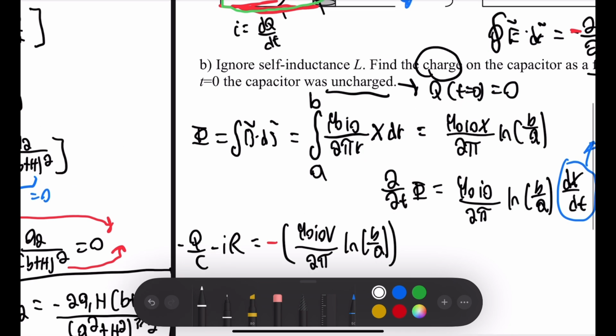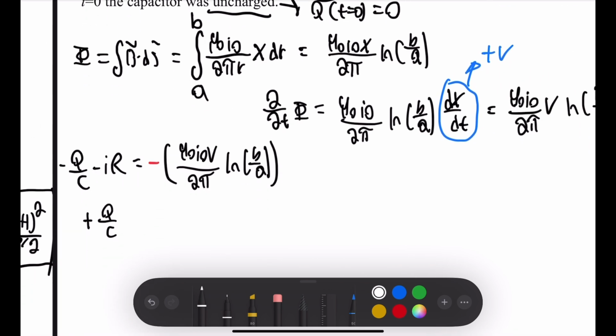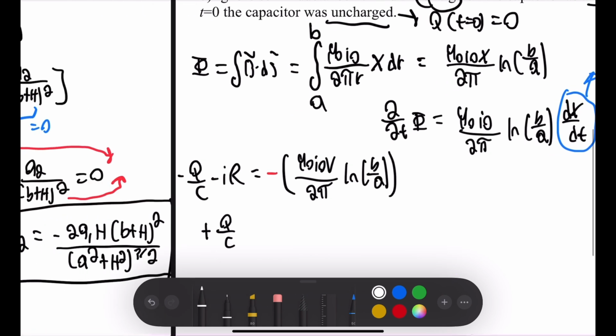And then I want to find the charge as a function of time. So I'm going to convert current, I, into charge, where the relationship is current is dq dt. So I would have dq dt R plus q over c is equal to mu naught I naught v over 2 pi ln of b over a.